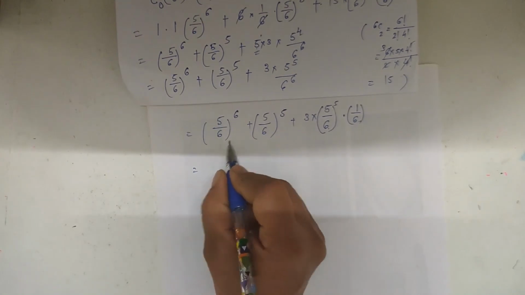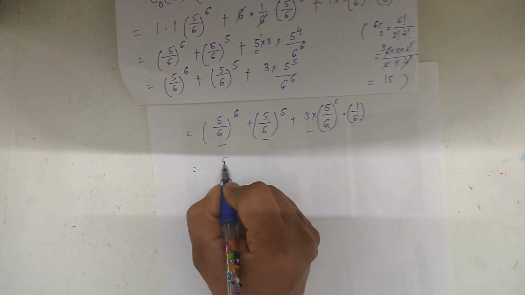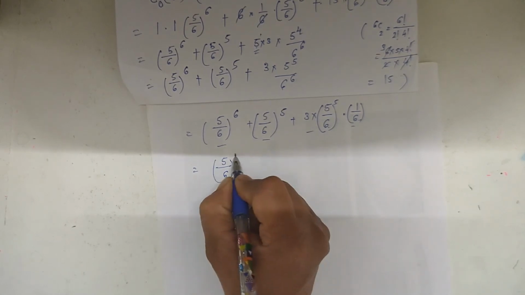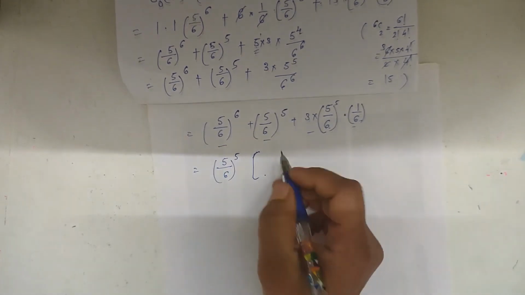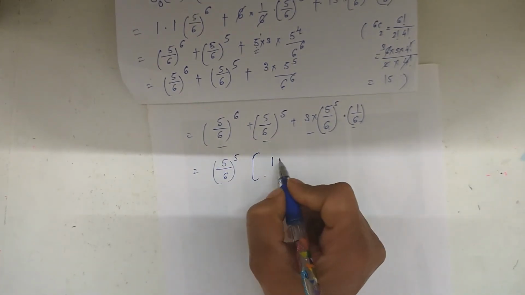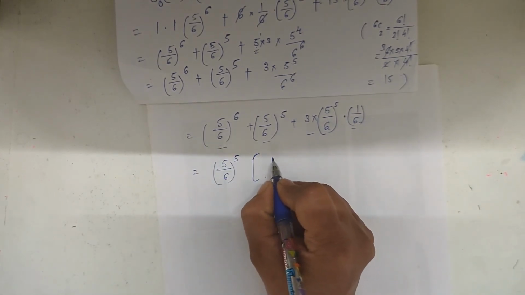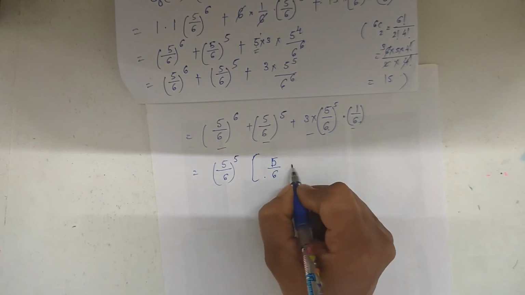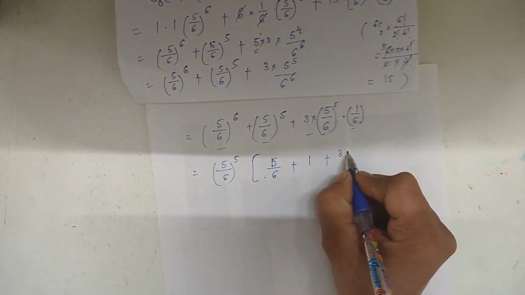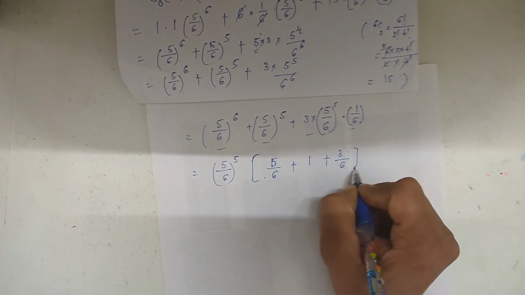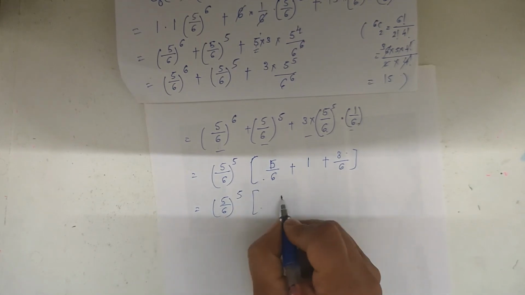Then in each term 5 by 6 raised to 5 is common. So taking 5 by 6 raised to 5 as a common, and the remaining term in every term is 1. Here 5 by 6 raised to 5 is common, so remaining terms are 5 by 6 plus 1 plus 3 into 1 by 6, that is 3 by 6. 5 by 6 raised to 5 as a common.